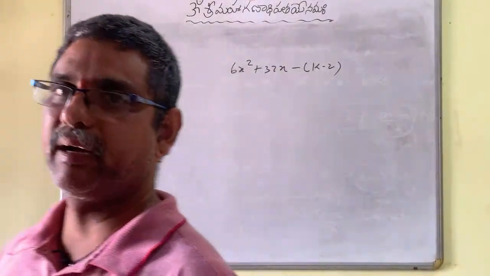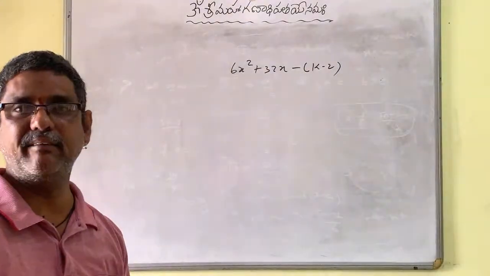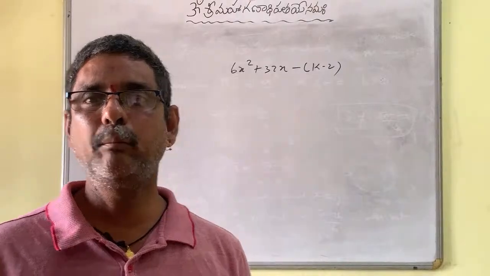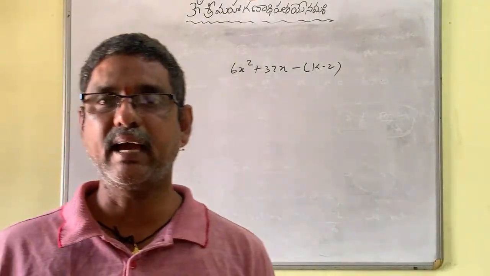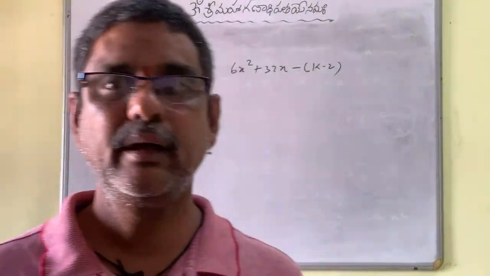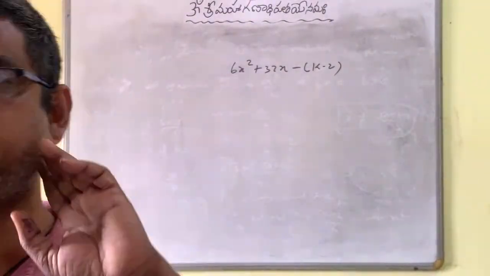So how many zeros is this polynomial having? 2 zeros. Very good.